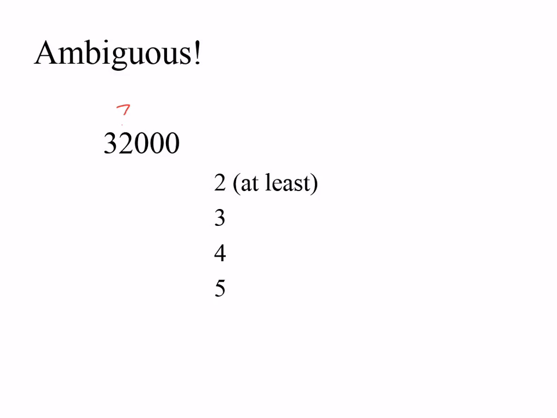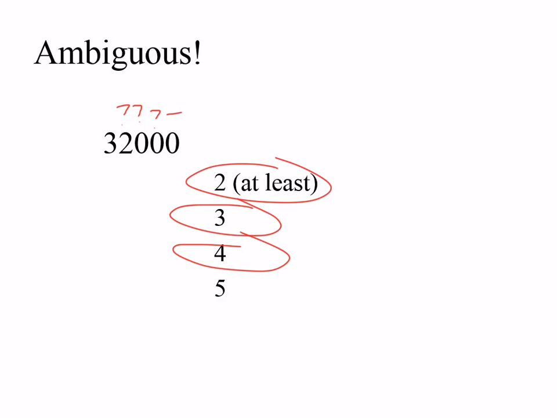Or it could be right here. If that's the case, then it has 2 sig figs. If the uncertainty is here, it's 3 sig figs. Here, it's 4 sig figs. Here, it's 5 sig figs. So it's ambiguous.